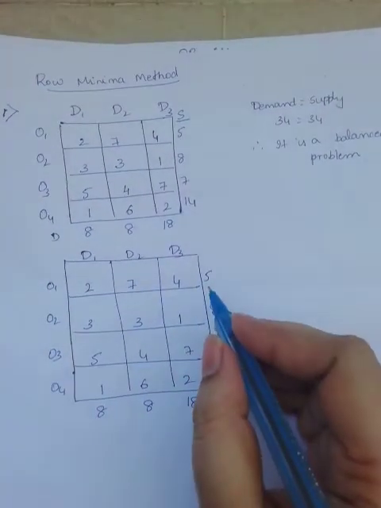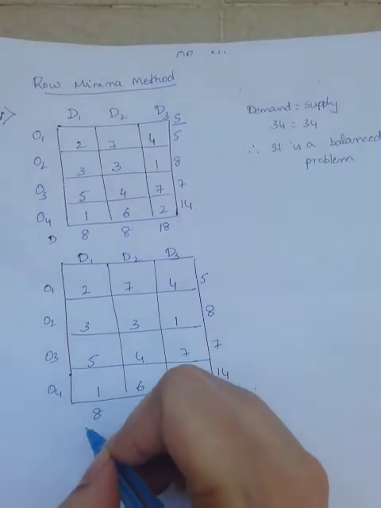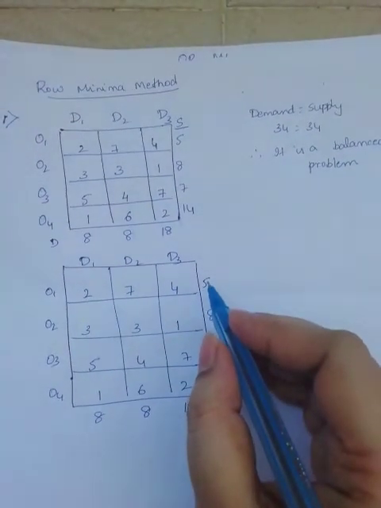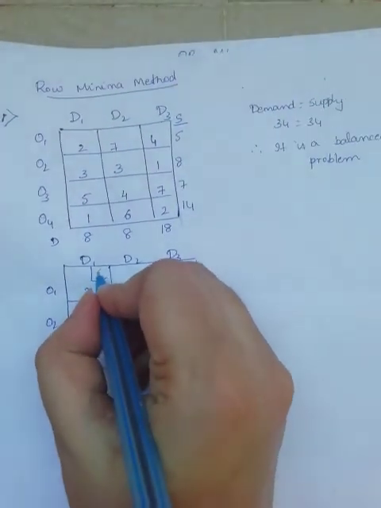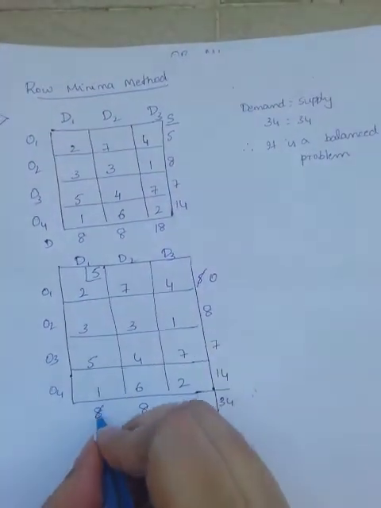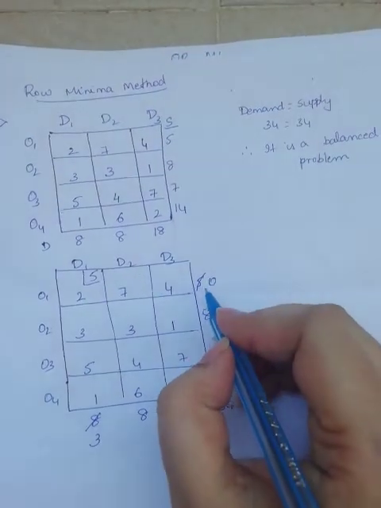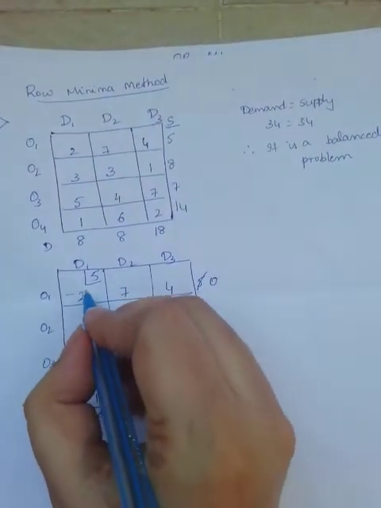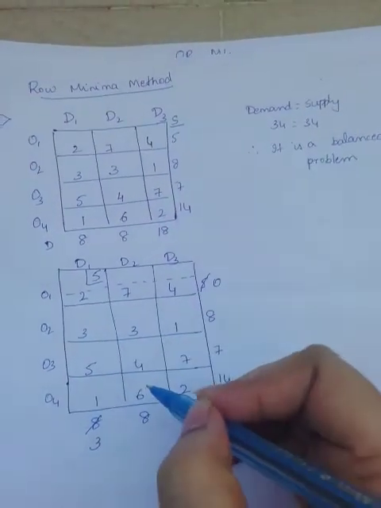Whichever is the minimum, that one we are going to allocate for the least value. So now 8 is the demand and 5 is the supply. So for 2 we will be able to allocate 5. When the 5 becomes 0, this demand becomes 3. When I told you we are going to eliminate the row, so we are going to eliminate this row. So now we are going to the next.